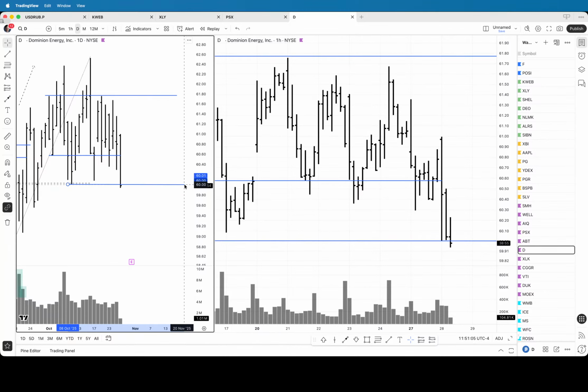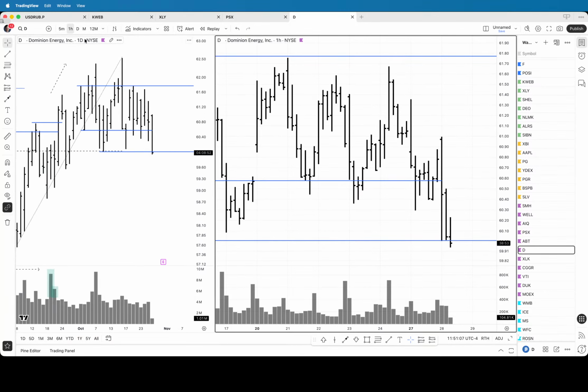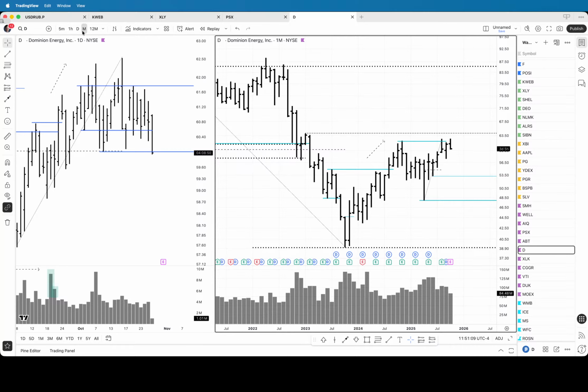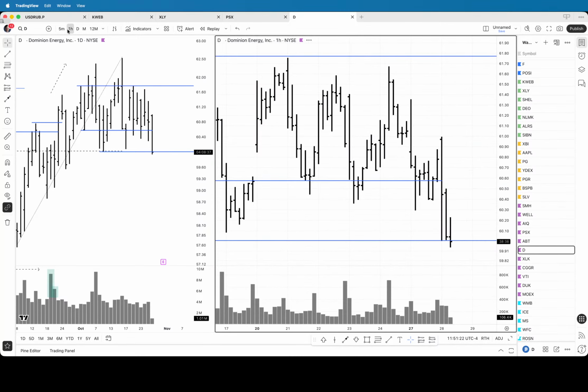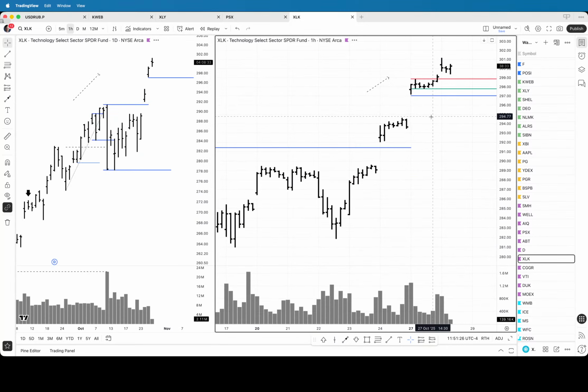It's right there. Also, like, look at this break. It's just inside candle and just a mess.